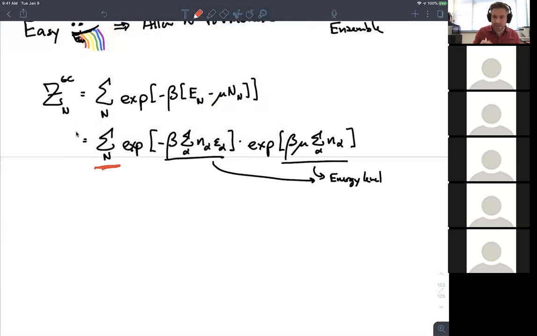This sum here comes from the fact that, again, we're in the grand canonical ensemble and we're not specifying how many total particles are in our system. So we can have 0 particles, 1 particle, 2 particles, 3 particles. You see where I'm going with this. So what we're doing here is summing over all possible total number of particles.